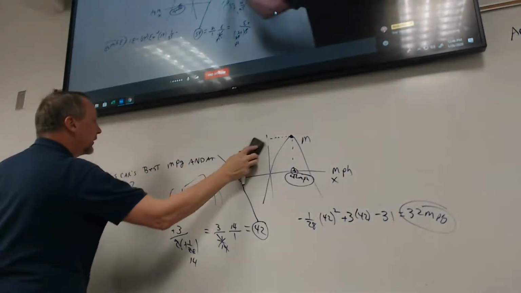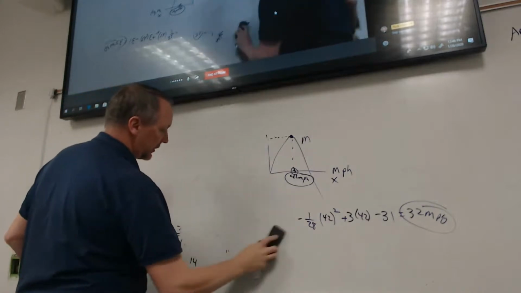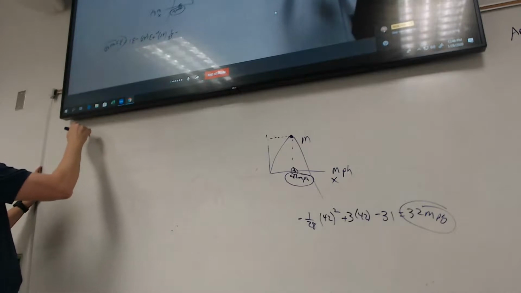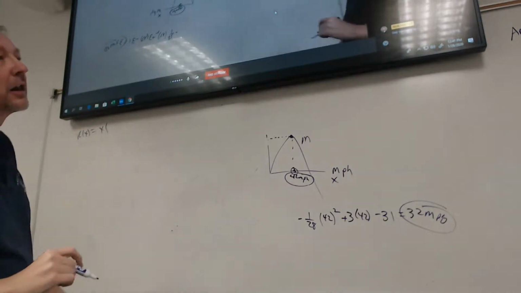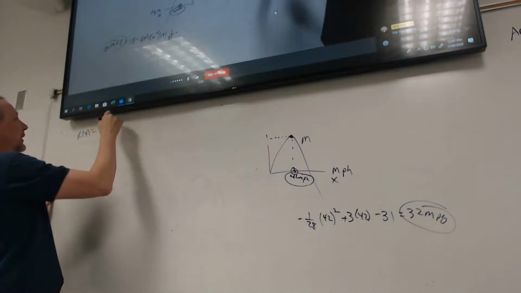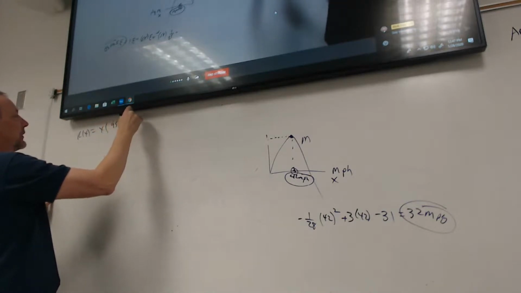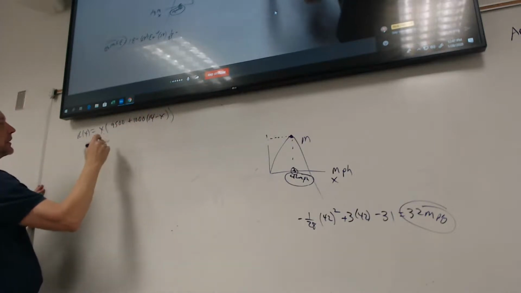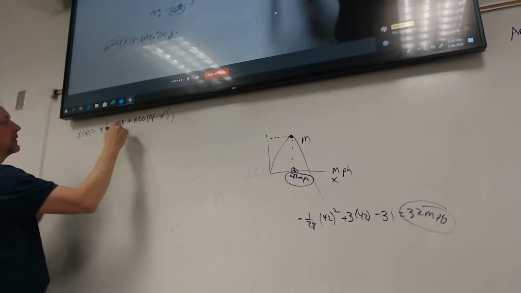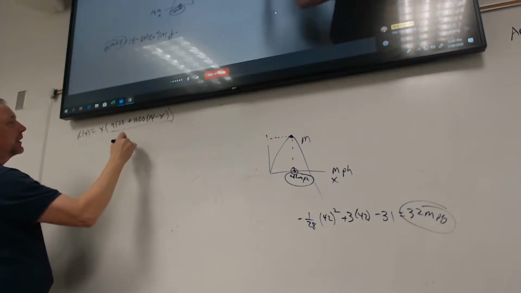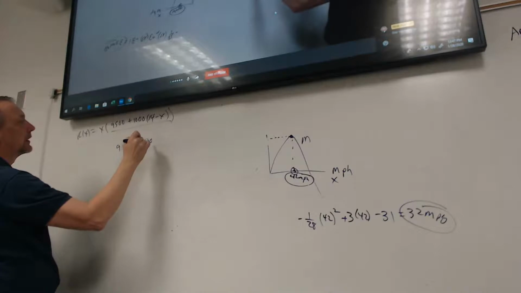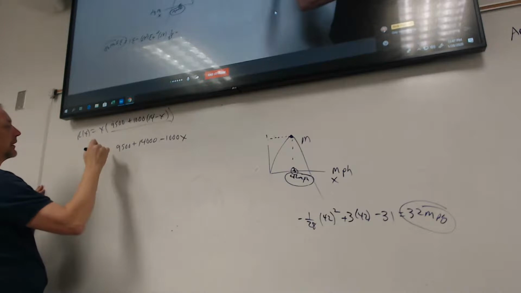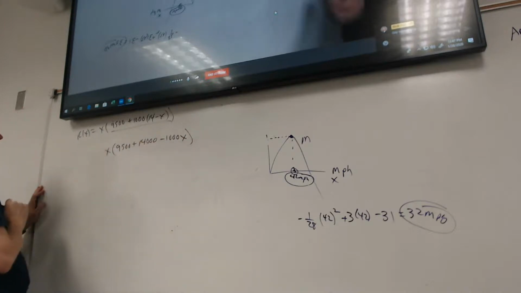Okay, so I'm going to rewrite the function. It's going to be r of x equals x times 9,500 plus 1,000 times 14 minus x. So we'll distribute this through. Let's do this piece first: 9,500 x plus 14,000 minus 1,000 x times x, right?